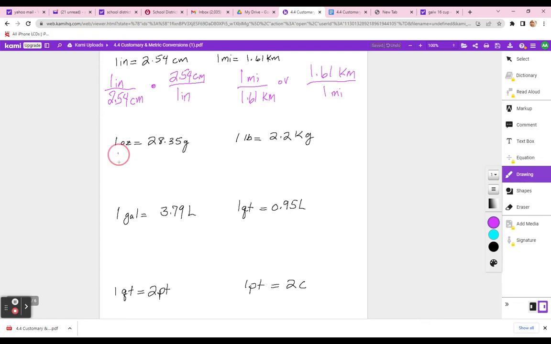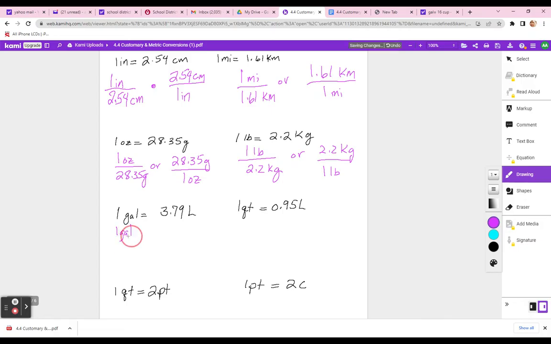One ounce, make sure you write your labels in just like I am doing, is 28.35 grams, or we can write it this way, 28.35 grams is 1 ounce. 1 pound is 2.2 kilograms, or 2.2 kilograms is 1 pound.